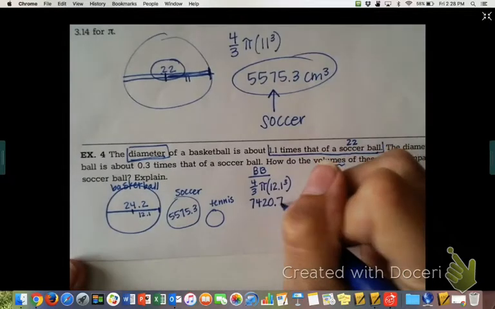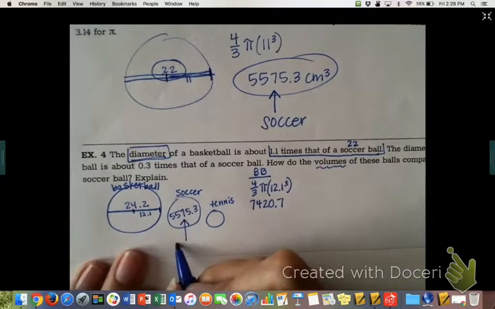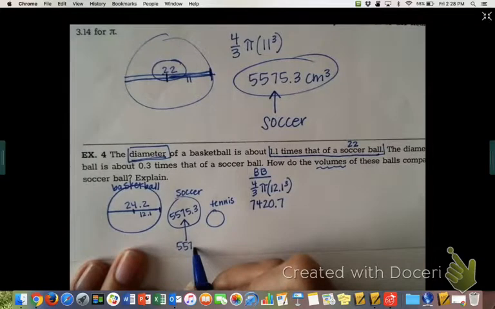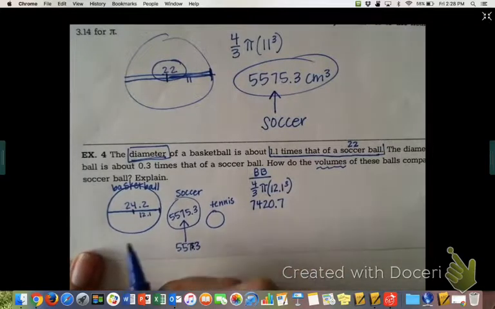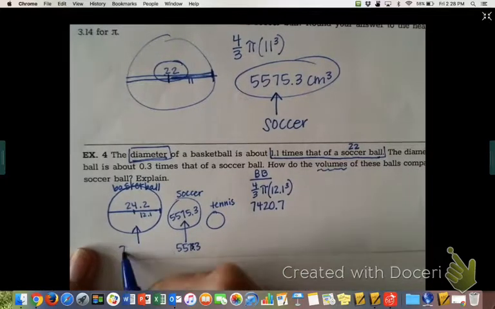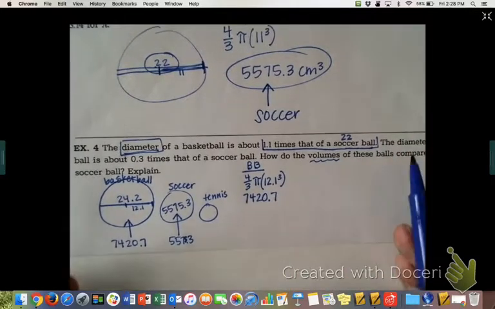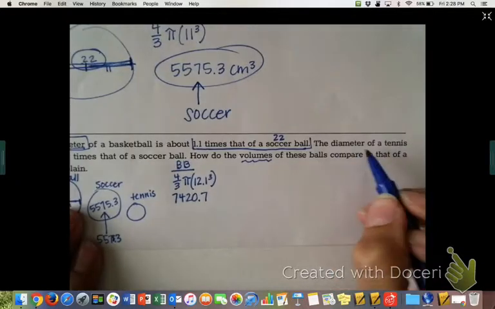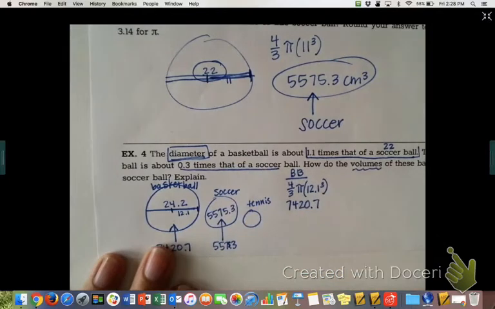Okay, so if this one is 5575.3, sorry, 5575.3. This basketball one is 7420.7. And now let's figure out our tennis ball. So our tennis ball, again, it's talking about diameter and how it is 0.3 times the diameter of a soccer ball.